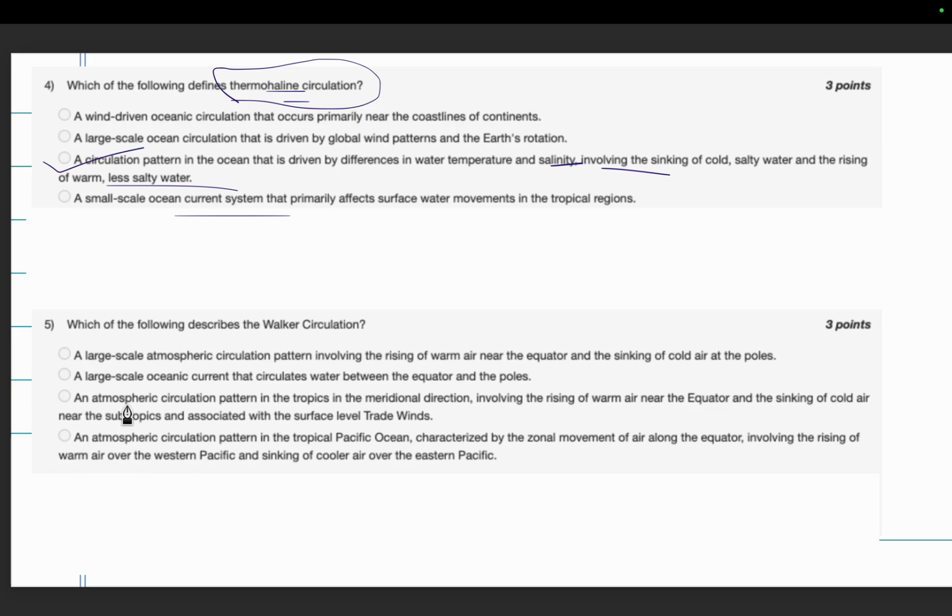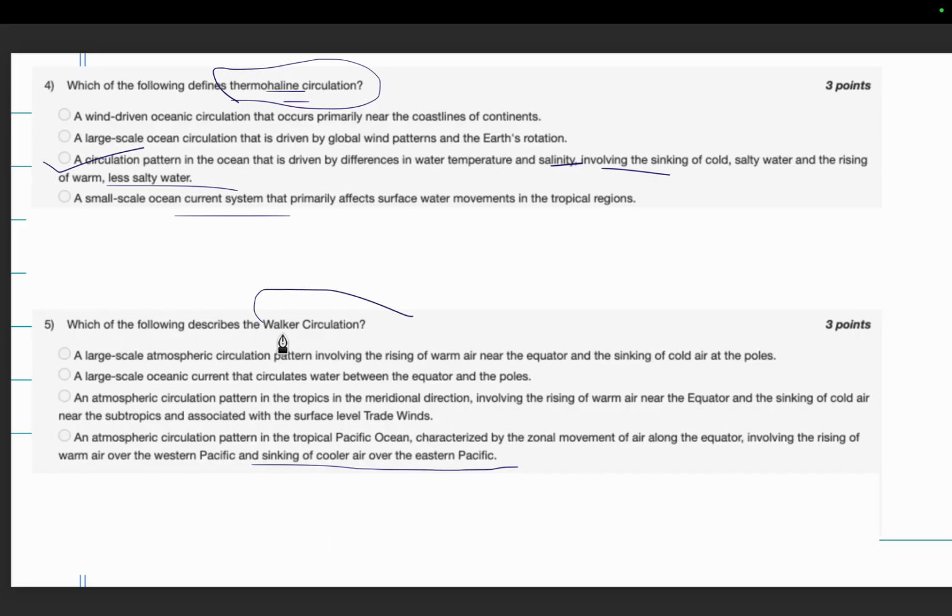An atmospheric circulation pattern in the tropics in the meridional, south to north direction, involving the rising warm air near the equator and the sinking of cold air near the subtropics, associated with the low level trade winds. And the last option, an atmospheric circulation pattern in the tropical Pacific Ocean, characterized by the zonal movement of air along the equator, involving the rising of warm air over the West Pacific and sinking of colder air over the Eastern Pacific.